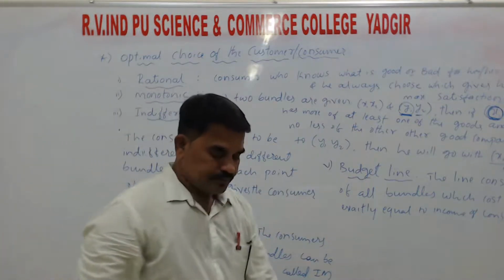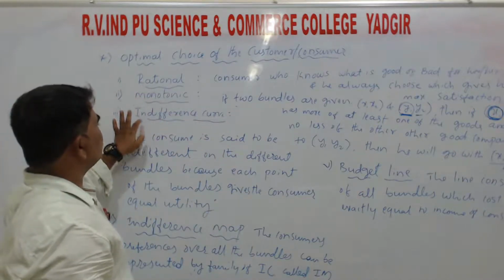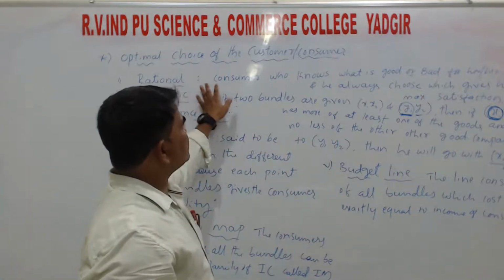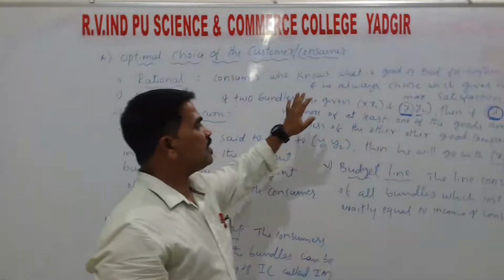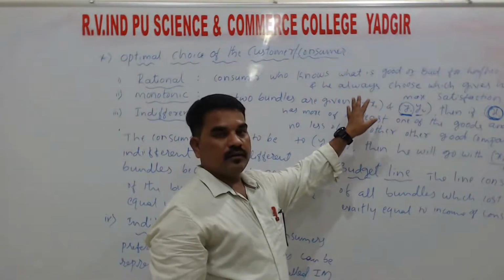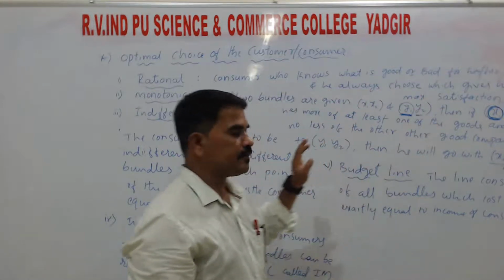Fine. So now we know rational, monotonic, indifference curve, indifference map, and budget line. Rational means the consumer knows good and bad about the product, and he always goes with the optimal. He always selects a bundle which gives him maximum satisfaction.